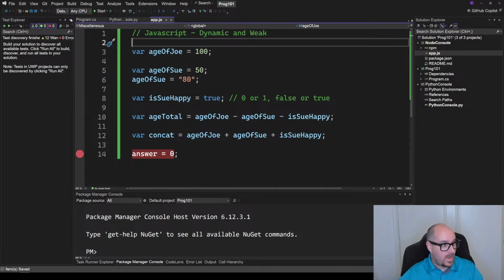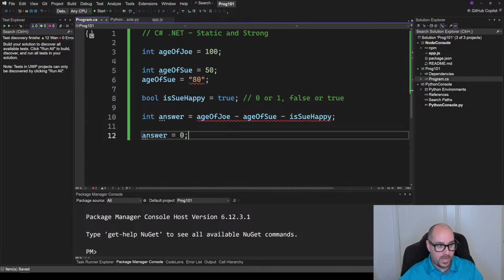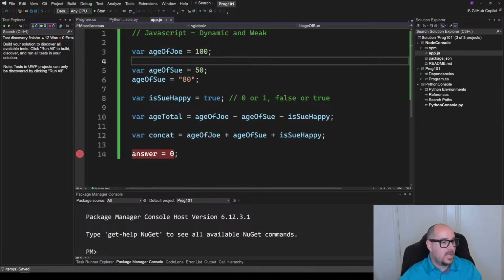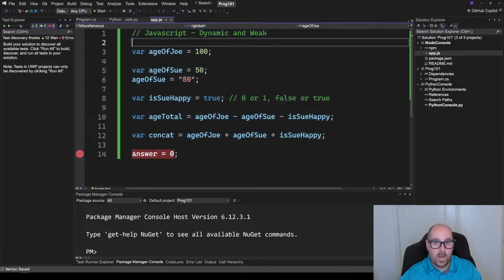And I'm going to contrast that with over here in C#, which I'll talk about here in a second. It cares. If it's an integer, it's an integer. You can't change it to a string. In design time, you can't change it to a string. So here, I can change it whenever I want in design time, and in the runtime, it'll decide what it wants to be when it gets to that point. If it gets to that point, then it'll change the type.